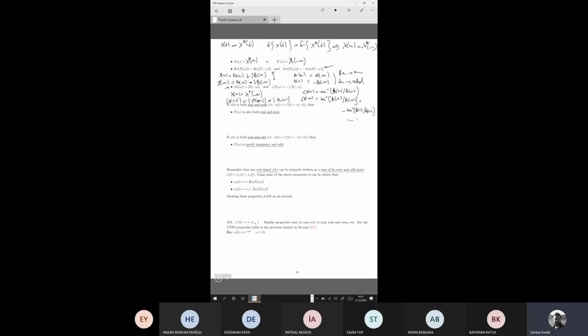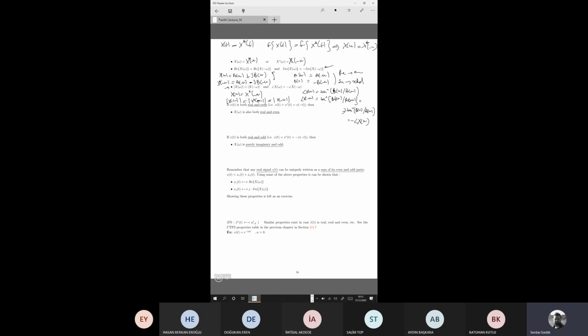So it's equal to minus the angle of X of omega. This is due to the fact that b is an odd signal, a is an even signal, and odd over even is an odd signal. So I can take this minus out since I have an odd signal with a minus sign. So the angle of the Fourier transform of a real x of t is calculated with these formulas.